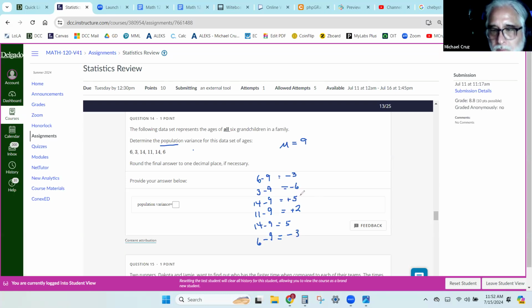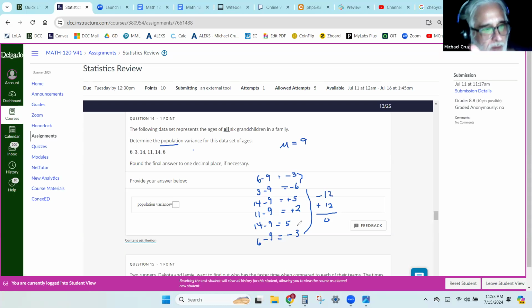If you add up the negative ones, you would get 12. And then you add up the positive ones, 5, 2, and 5, that's 12. Just realize that that's normal. All of these deviations will always add up to 0, because if you calculated the mean correctly and did the subtractions right, then it'll be equidistant. Half of your data is going to be negative and half positive.